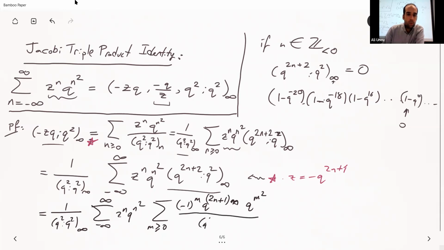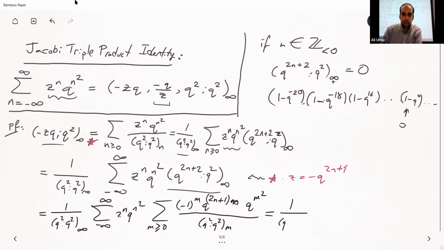And divided by (q^2; q^2)_m. Perfect. Now, what we will do exactly is we will switch the order of summation again.